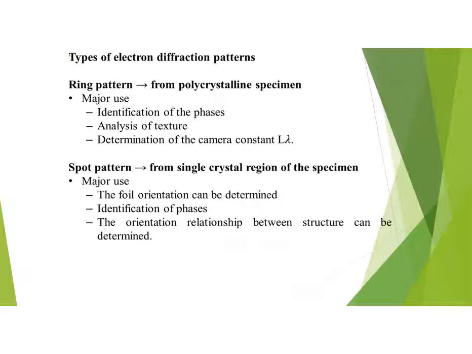But a spot pattern originates from single crystalline material. Major uses of this pattern are that the foil orientation can be determined, identification of phases can be done, and the orientation relationship between structure and structure can be determined.